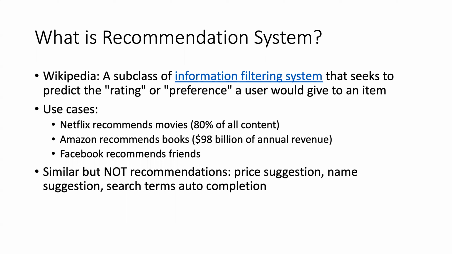It is the opposite. We try to go to a big pool, and then from there, we filter something that could be a preference or could be interesting to a user. So we try to reduce from a large amount of information to just a small amount of information. Okay, so that's the first thing.